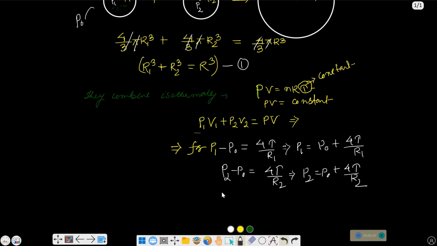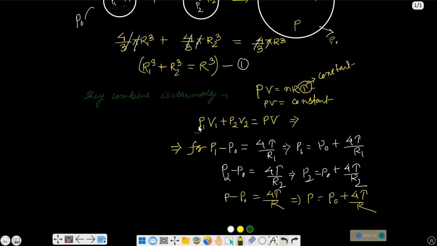Now at the same time, for the bigger bubble after combination, let the pressure inside this bigger bubble be P. The surrounding pressure is again P0, so P minus P0 is 4T by R. So from this, P will be equal to P0 plus 4T by R.